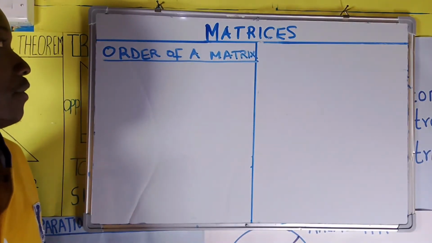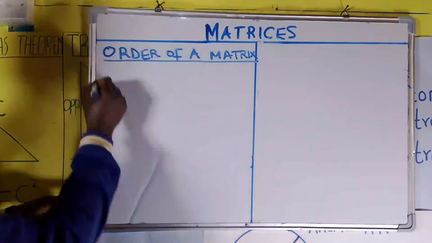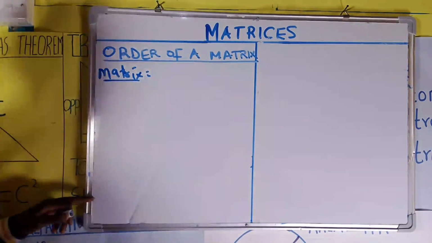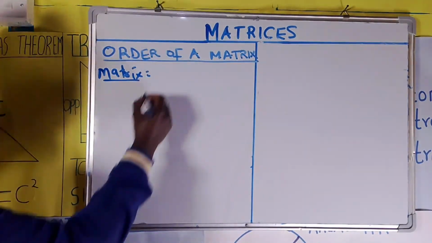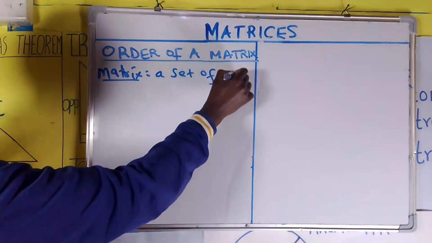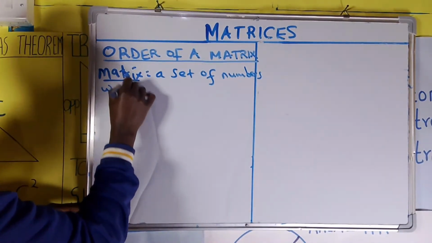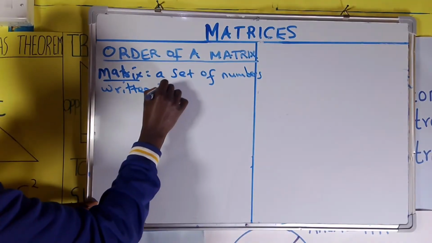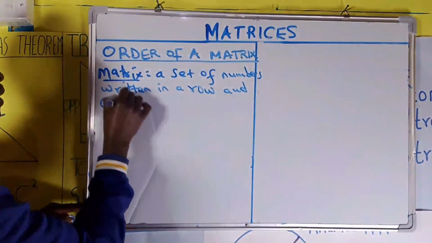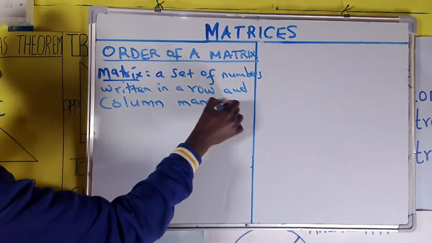Before we start from the order of a matrix, we need to understand what a matrix is. In simple terms, we can define a matrix as a set of numbers written in a row and column manner.